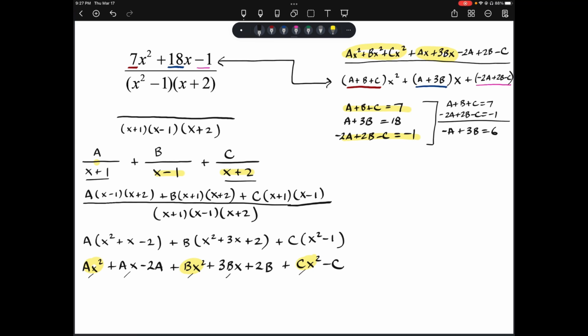Okay, and then let's go ahead and do elimination there, right? We'll use this one. We're going to move it over here. We've got a plus 3b is equal to 18. Those eliminate. 6b is equal to 24. So b is equal to 4.